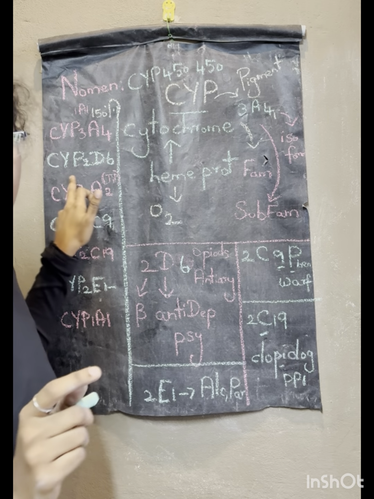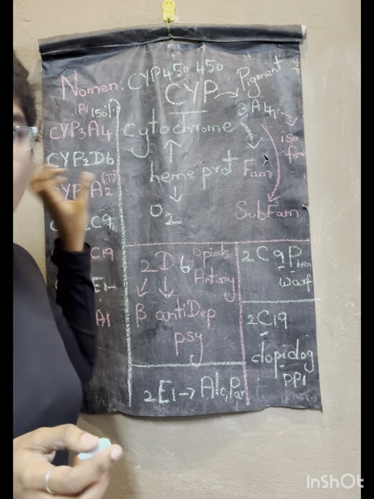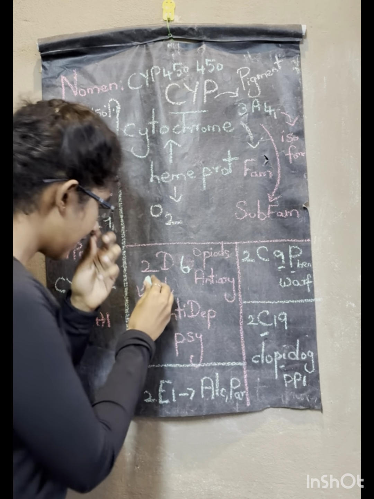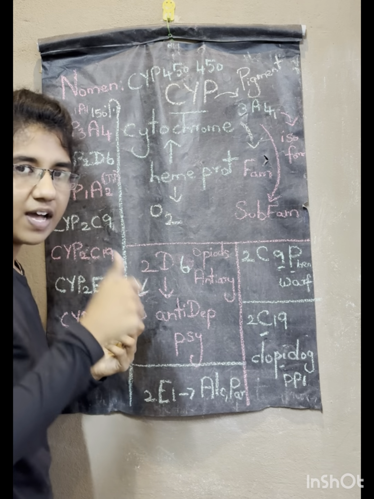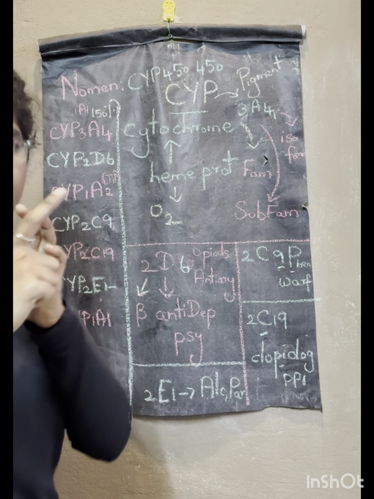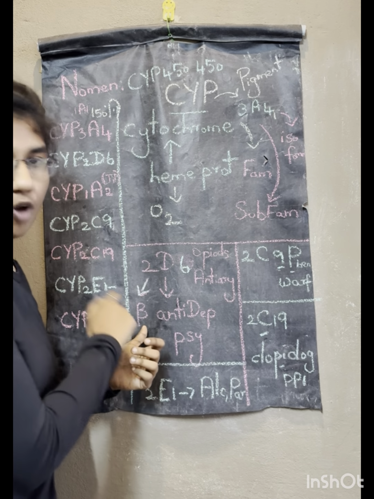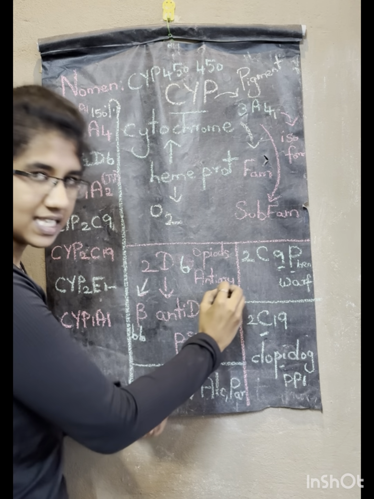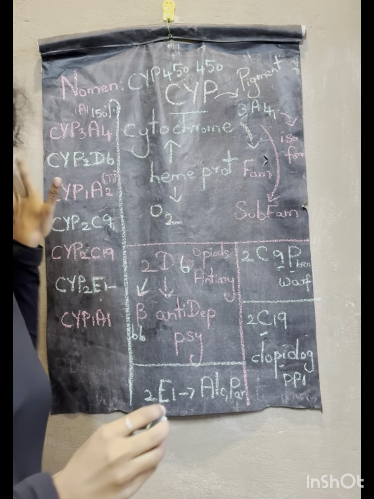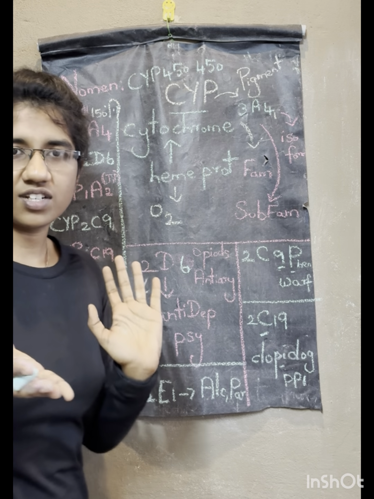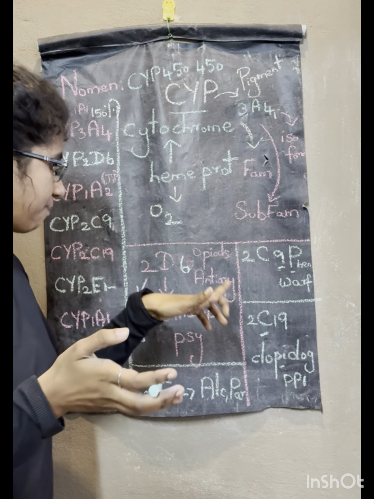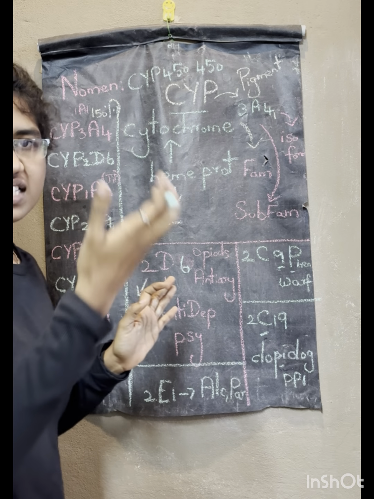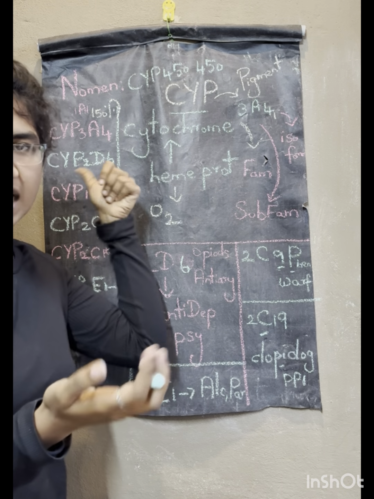So 2D6, as we have seen, metabolizes almost 20% of the drugs. You can remember the 2 like this: alpha, beta, so beta is second, right? So 2 is for beta blockers, so it is important. For 3A4 we need not remember the drugs because it is almost 50% of the drugs; if they ask about some other drug, you can put it in 3A4.